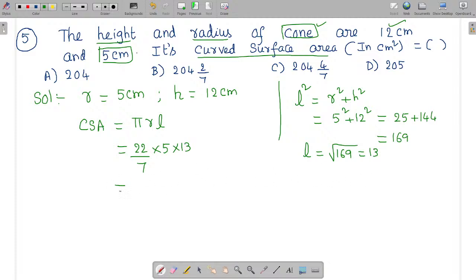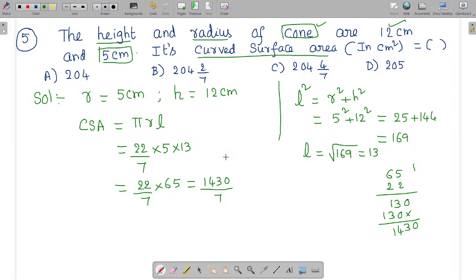This is 22/7 multiplied with 65. Now 65 multiplied with 22 gives 1430, over 7. Just simplify: 204 into 7 is 1428, plus 2.